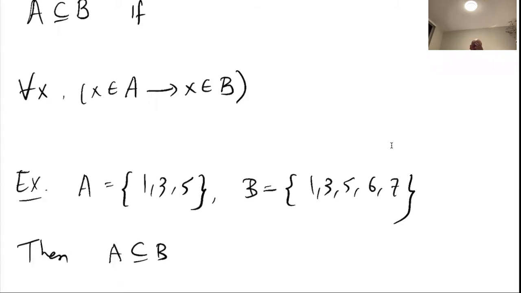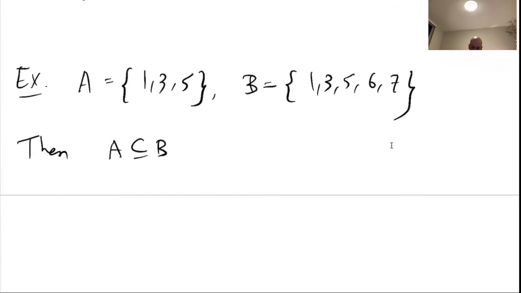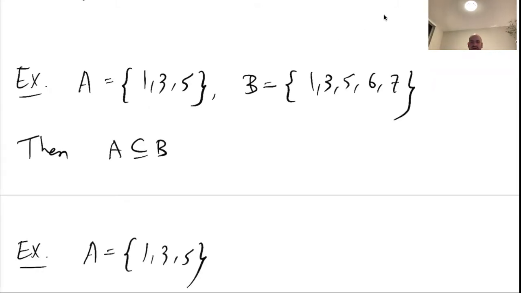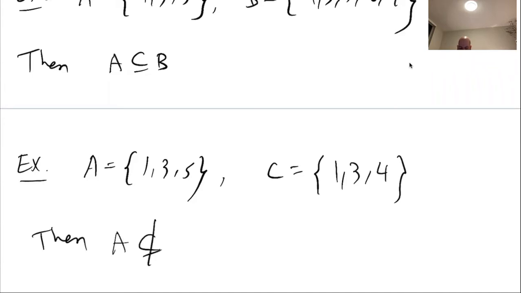Because every element of A is an element of B as well. 1 is in B, 3 is in B, 5 is also in B.